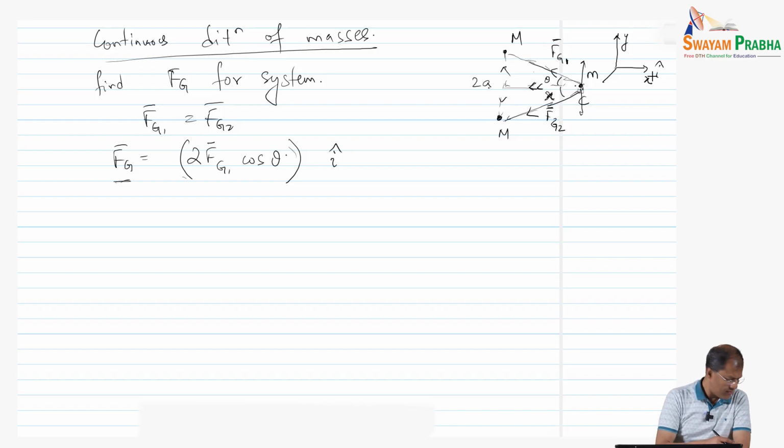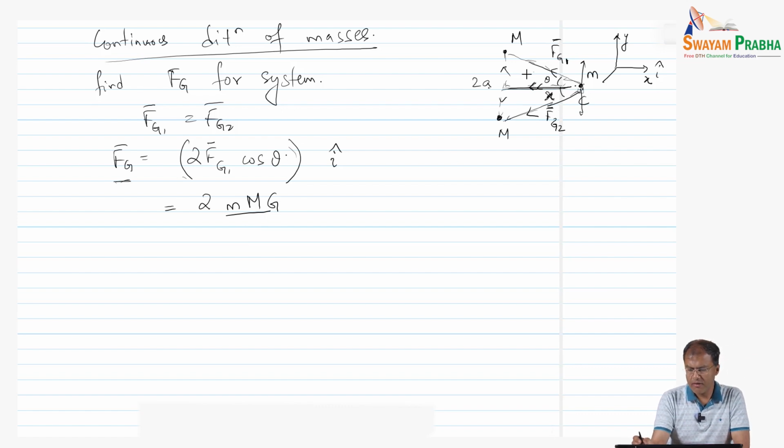So the answer to this problem lies here, now we are going to start to plug in the values. We see that this is 2 times m times capital M times G by r squared. Let me keep this r squared. We need to find this particular distance r, right? Because that is the distance joining the two masses, right?